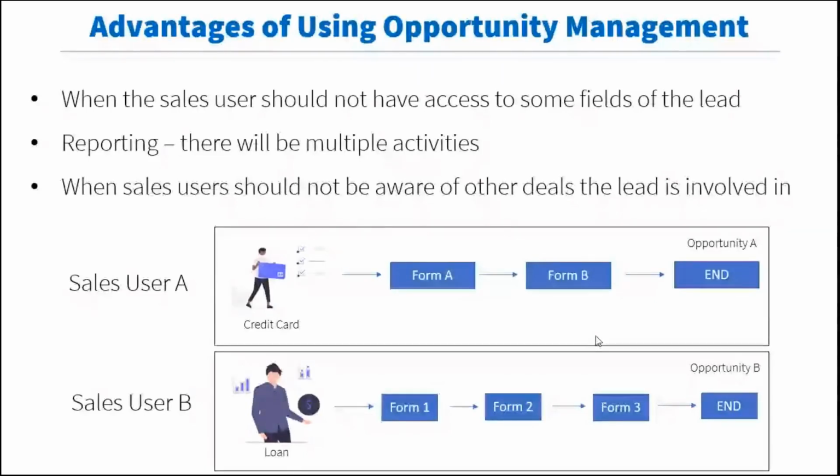So in this scenario, instead of having permission templates, we can just create an opportunity and make that person the opportunity owner, and the lead owner will have access to the lead-based information. And since we will be having a different set of opportunities, each with its own activities, it will be easier for reporting as well.